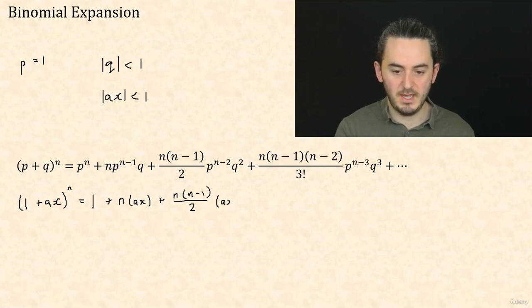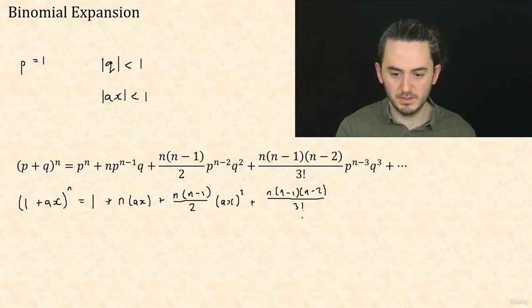Q squared, so that's ax squared. And then I've got n minus 1, n minus 2 over 3 factorial. And then p to the n minus 3 is just 1, so I can ignore it. And then the q term, that's just ax cubed, and so on.